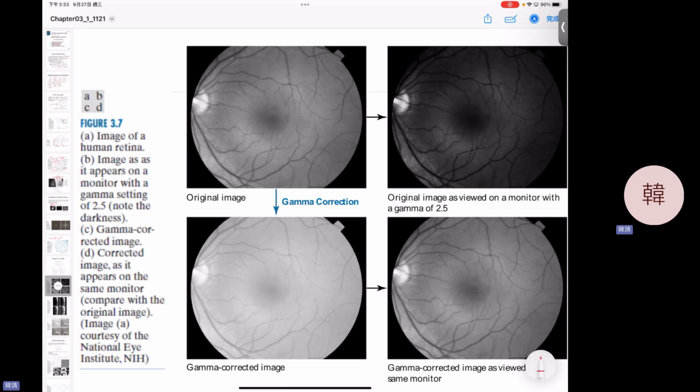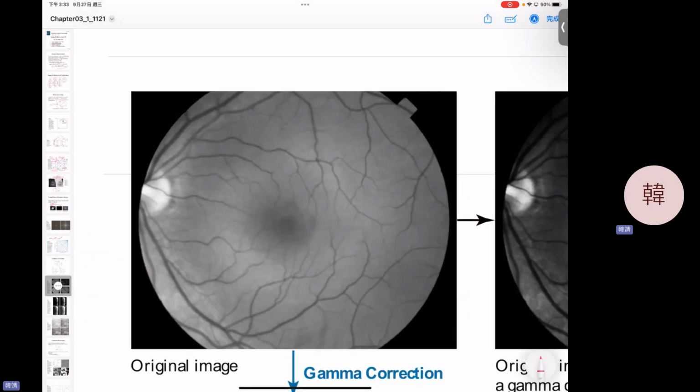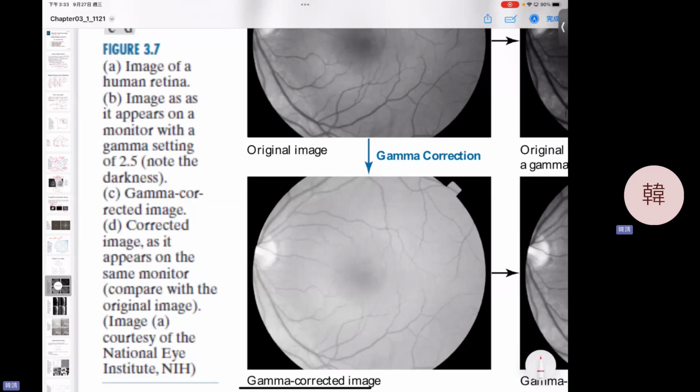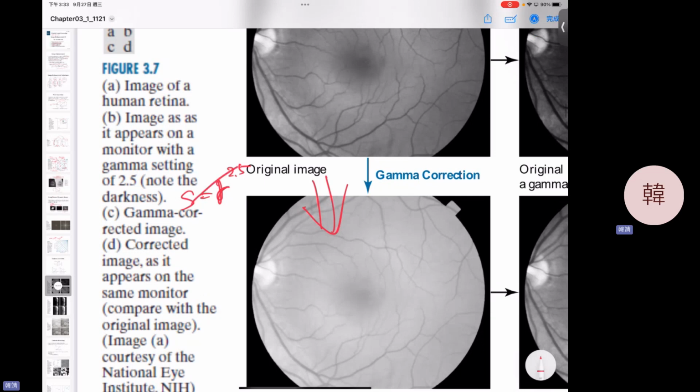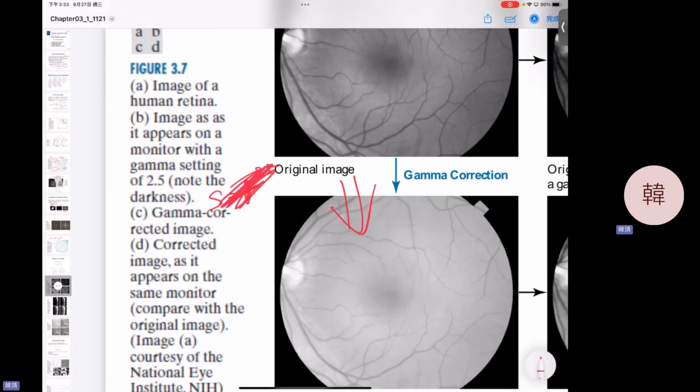You don't have to do anything if your image is already clear like this. But you want to try the gamma transformation, and the gamma setup is 2.5. So r to the power of 2.5 gives s, and the result is like this one. Sorry, image B should be darker.